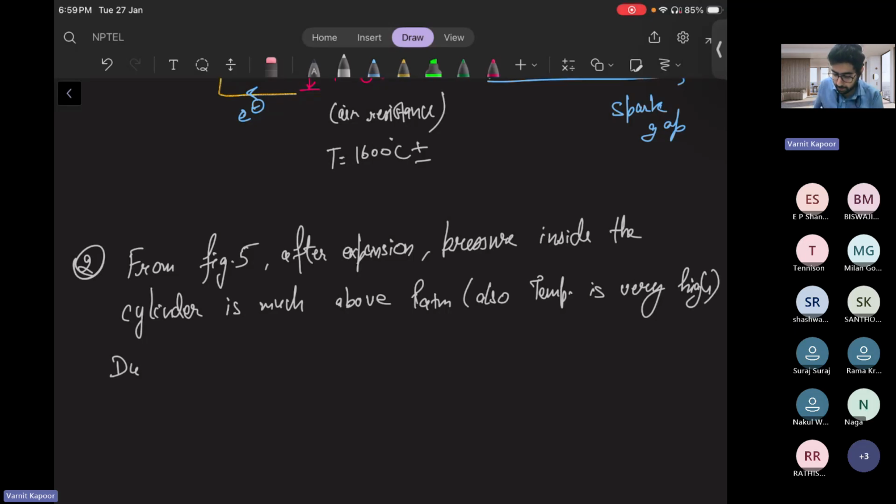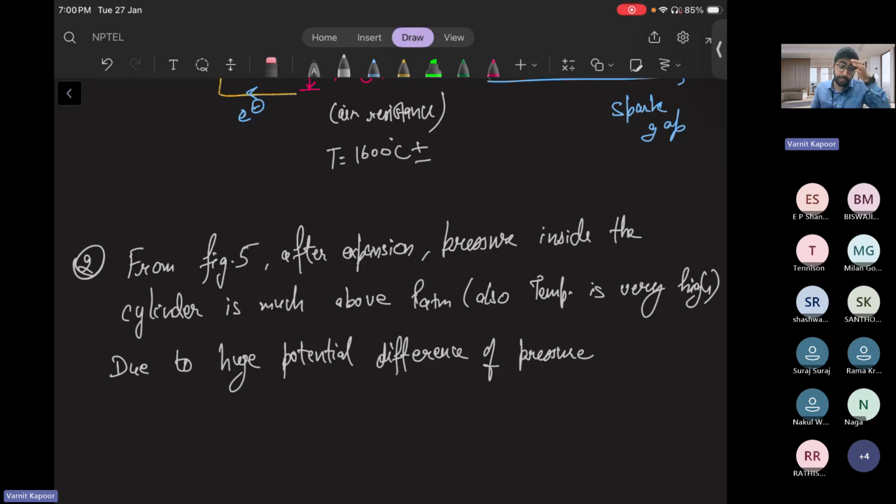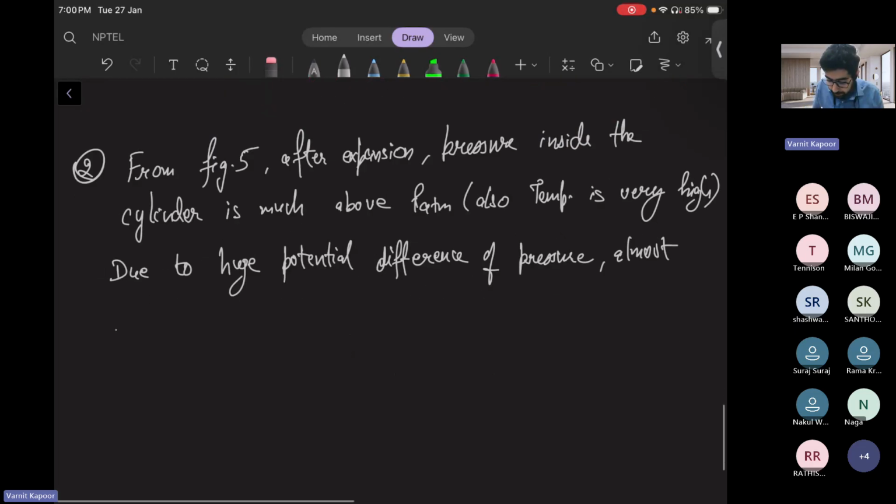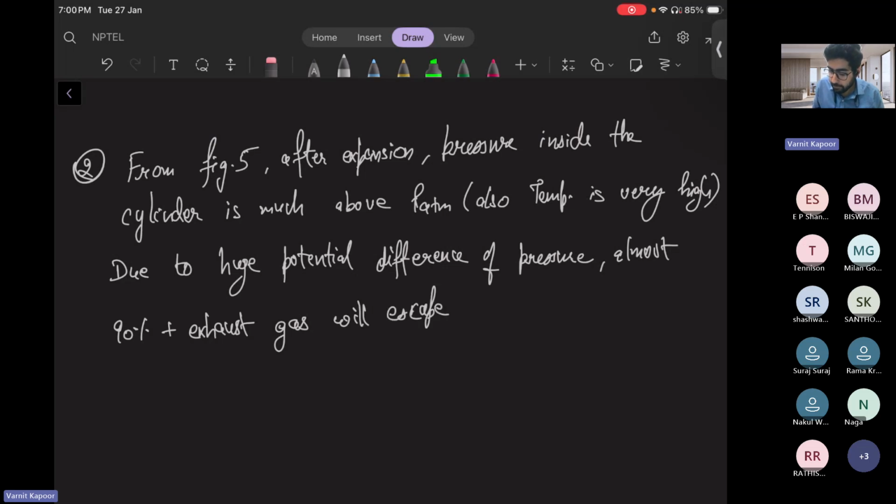Due to this huge potential difference of pressure, almost 90% plus of the exhaust gases will escape out from the cylinder.